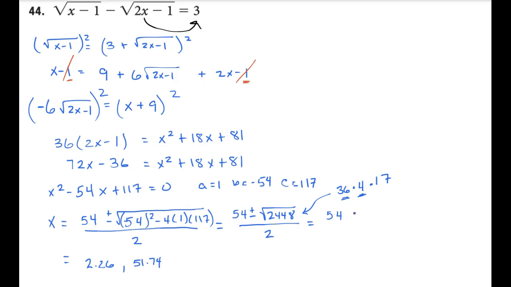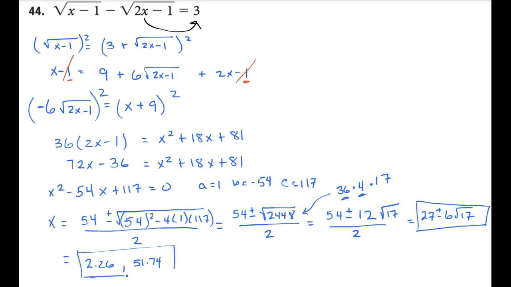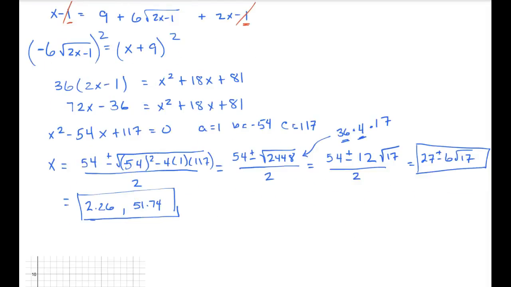So both of those come out as 6 times 2. So you end up with 12 out front and 17 under the radical sign over 2. And then that reduces because there's a 2 in both of these numbers that you factor out, and you end up with 27 plus or minus 6 square root of 17. Okay, so that's your answer. Or if they want decimals, that's your answer. And you need to be competent in both. So practice both. All right.